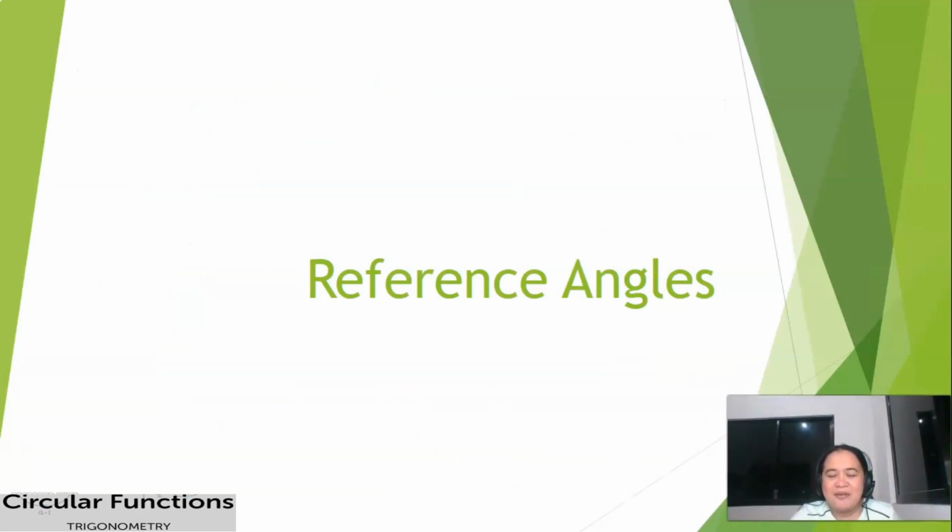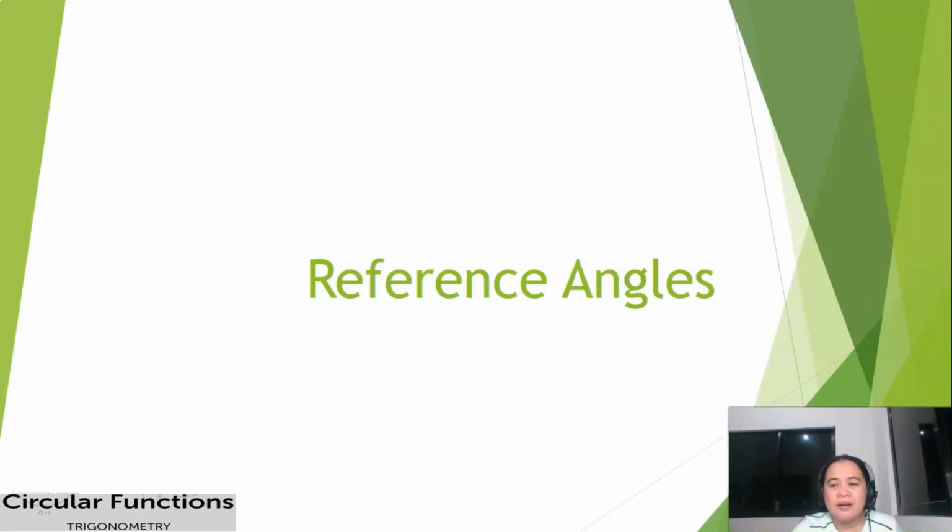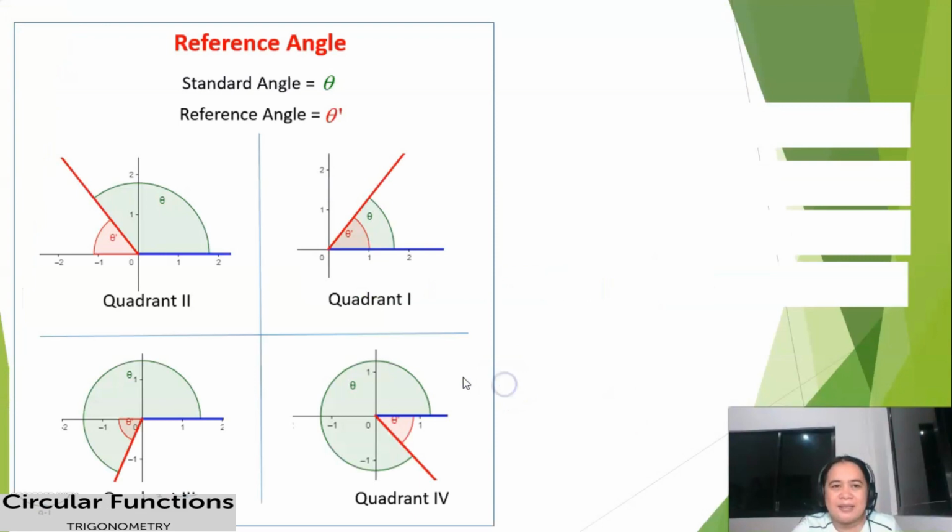Okay, next, reference angle. So what are reference angles? These are reference angles in different quadrants. This is first quadrant, second quadrant, third, and fourth. If you can see, the red marking here is a reference angle, and the green is the standard angle.